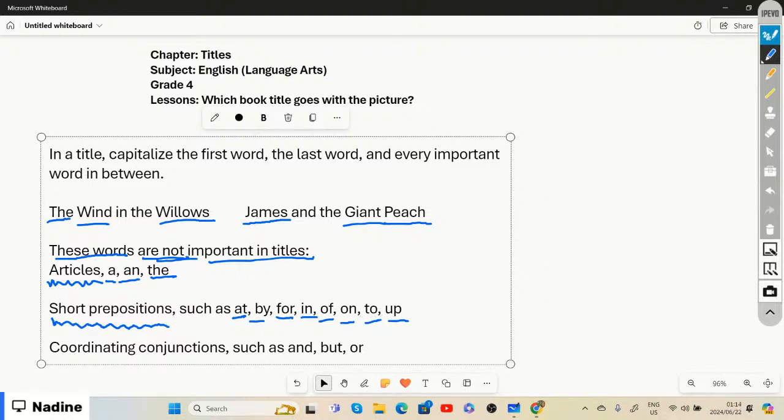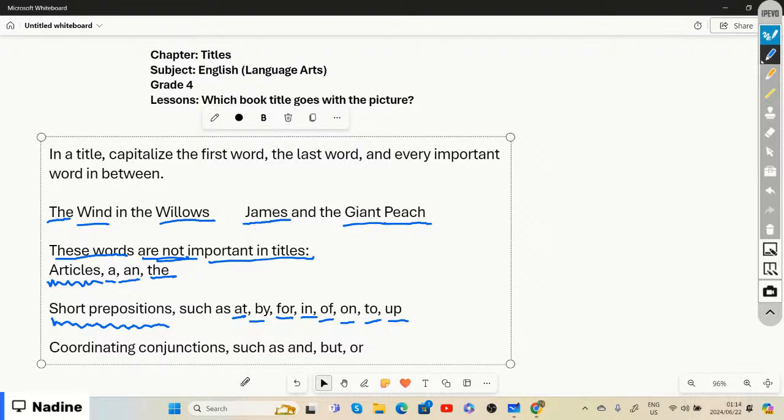Those are short prepositions, and those words are not important, right? Unless a short preposition is the first word of the title, then we capitalize it. But if it's not the first word of the title, then we do not capitalize it.